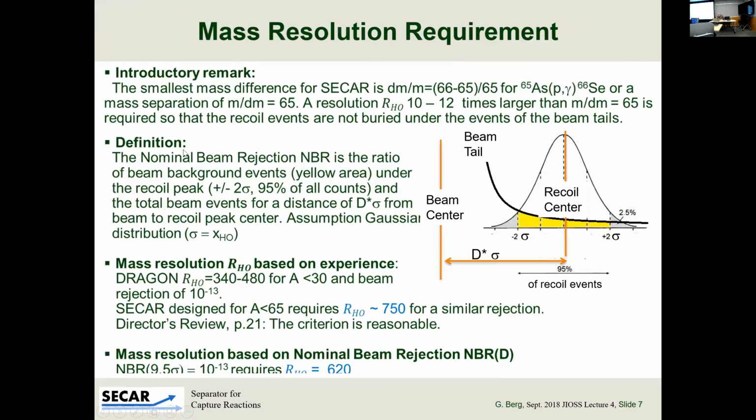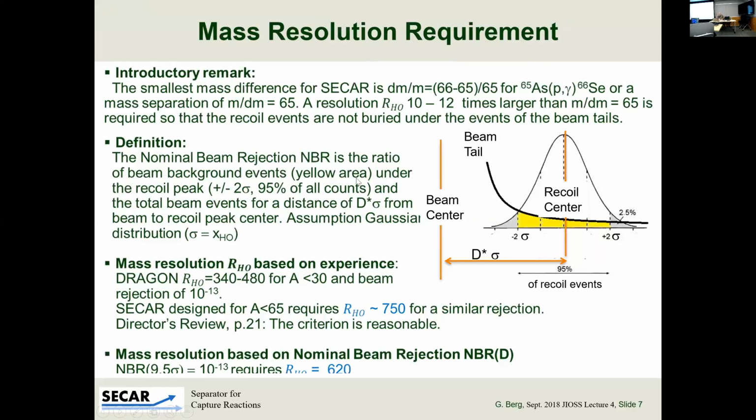So we define the nominal beam rejection as the area under this divided by the total beam. And this is the background from a Gaussian peak.